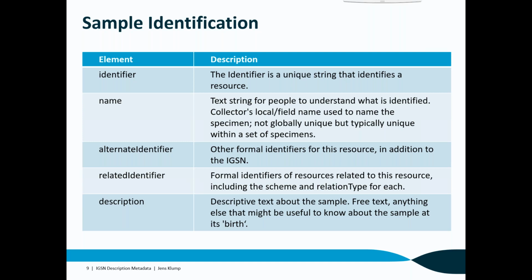There might be other formal identifier systems used for this resource in addition to the IGSN. There's relations to other identifiers and some descriptive text, something you would want to add to it. But since the purpose of this schema is to be the birth certificate, this is typically text that won't change too much over the life cycle of the sample.